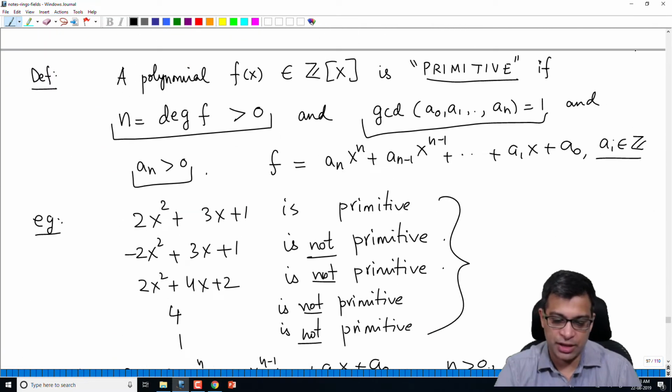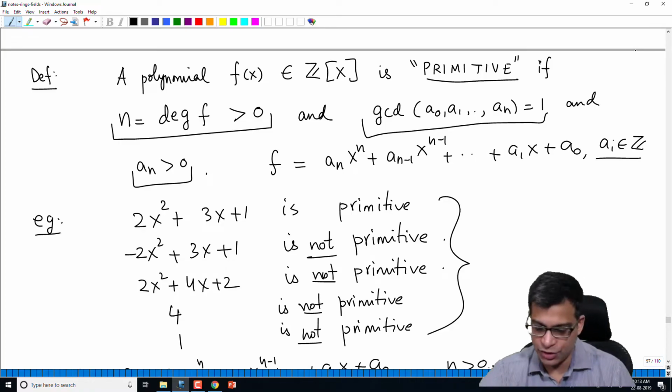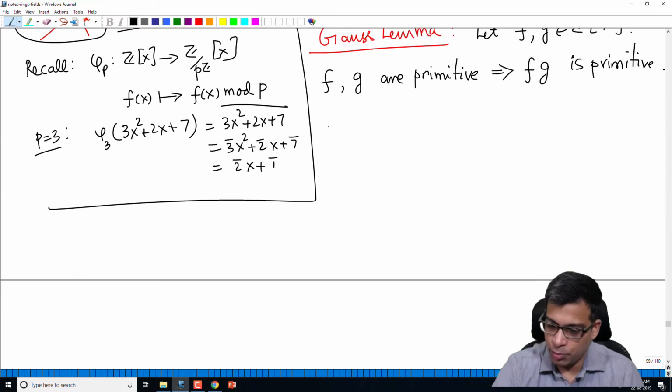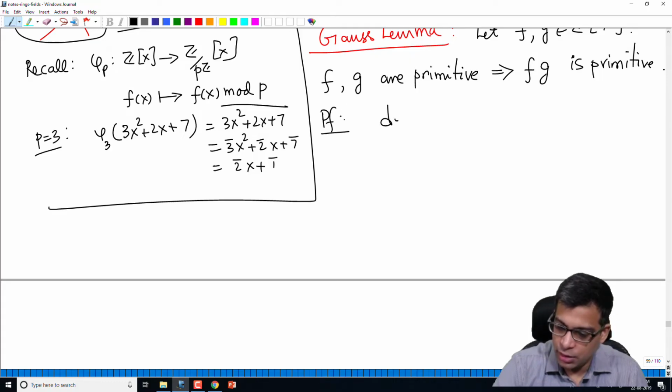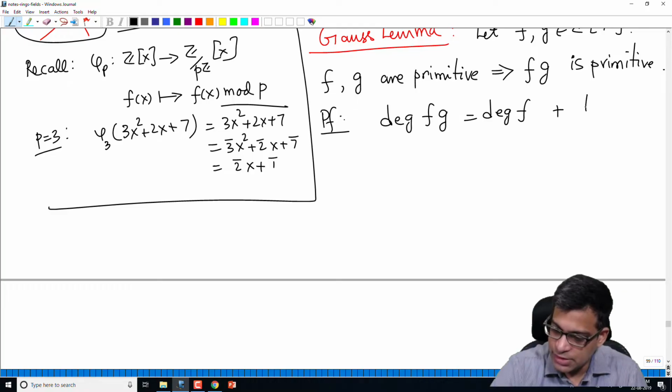Okay, some conditions are trivial, because if f and g have positive degree, fg has positive degree. If f and g have positive leading coefficient, their product also has positive leading coefficient. So the proof of Gauss's Lemma says that the degree of fg is the degree of f plus the degree of g.